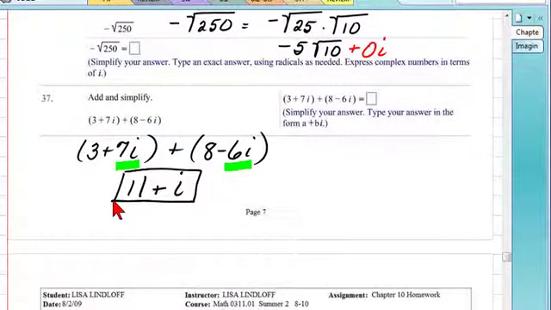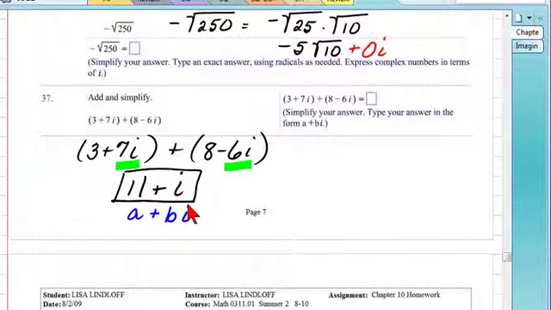If you add two complex numbers together, you will get a complex number. And notice that it's in the form a plus bi. What is the value of b in this statement? 1. Okay.